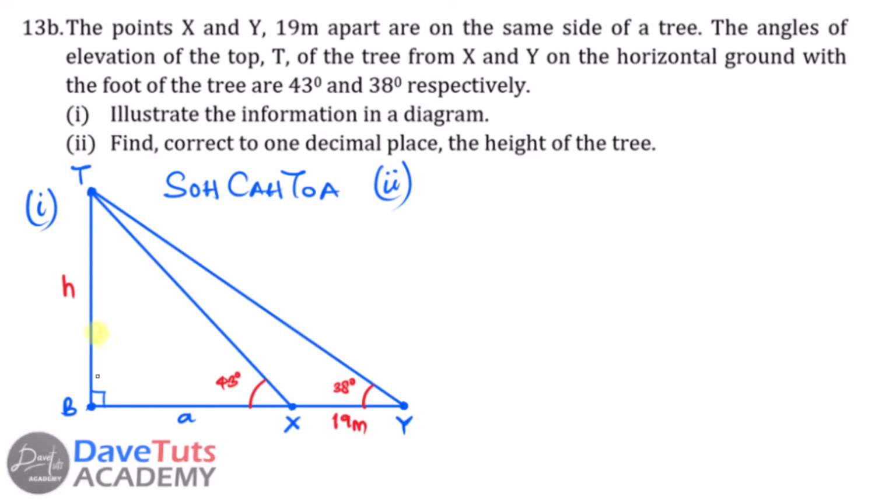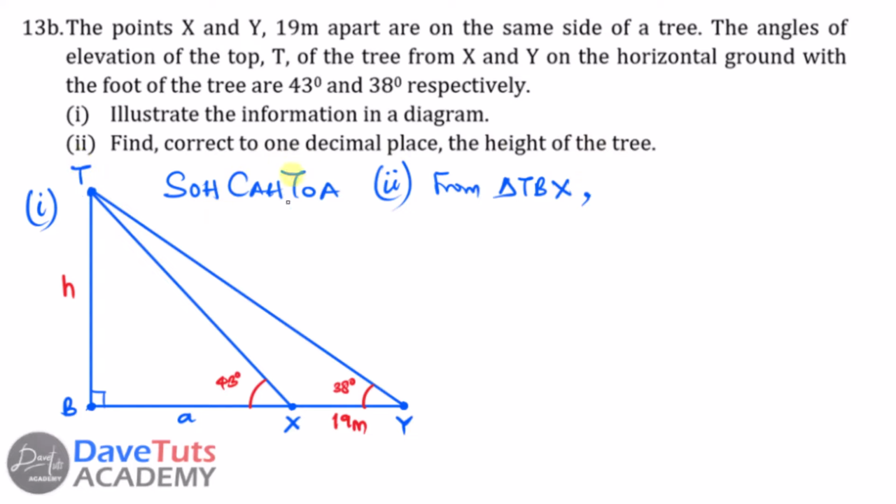So I'm having opposite. And what are the other variables that I know? The other parameter I know is this base, which is the adjacent. So I have the opposite, I have the adjacent, I have the opposite, I have the adjacent. I'm seeing two triangles already. So I can say on trig identity from triangle, let me say first from triangle TBX, I can readily see that this is the opposite h. I have the adjacent.